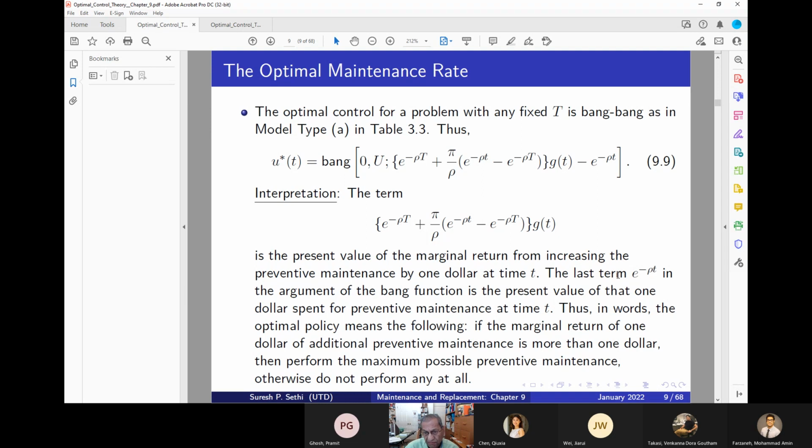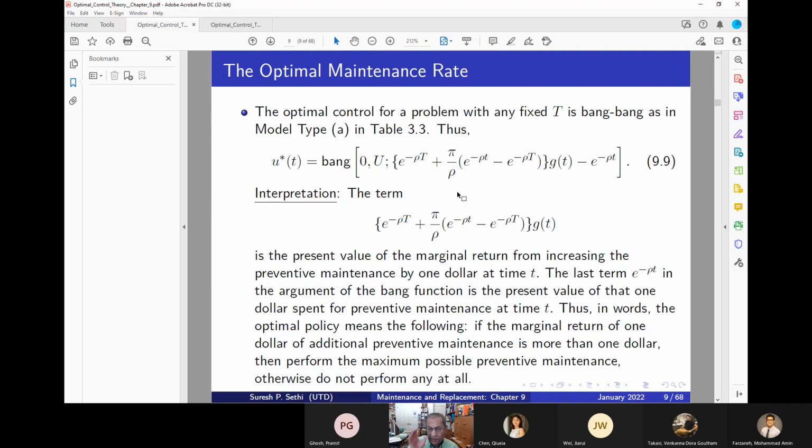The last term, which is e to the minus rho t, right here in the argument of the bang function, is the present value of that $1 spent on preventive maintenance at time t. Remember we are doing this finite horizon model, so we are actually using the standard maximum principle.